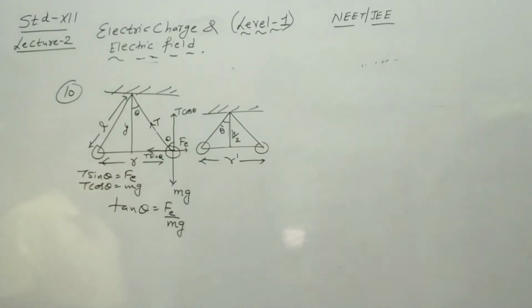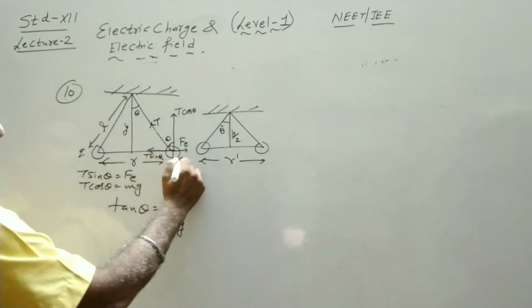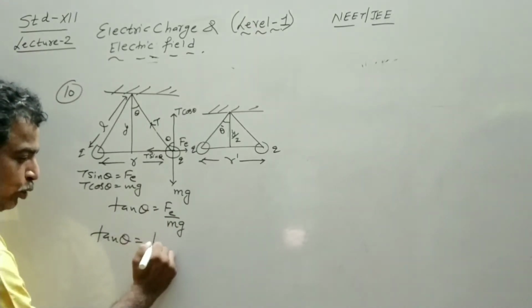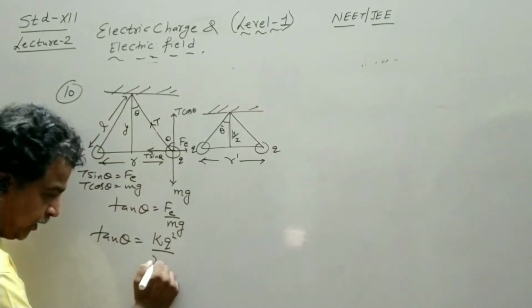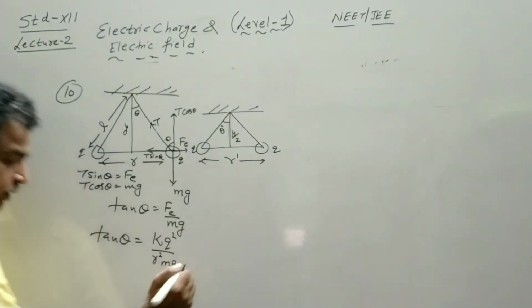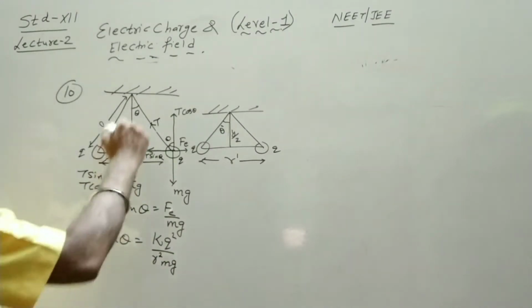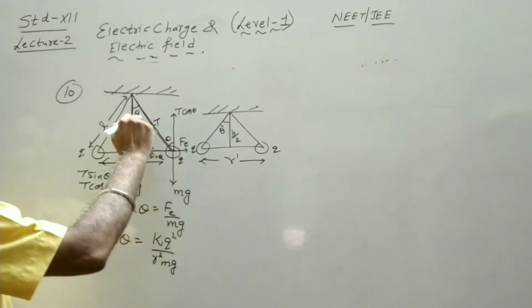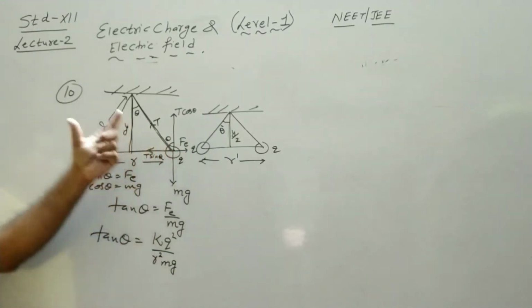Now here you have to find out the new equilibrium distance when the height is reduced to half. Let us assume the charge on the sphere is Q in both the cases. The repulsive force between them can be written as tan theta is equal to KQ square upon R square, where R is the distance between the two spheres, divided by mg. Now we need to find out R. If I consider this as a right angle triangle, tan theta will be equal to opposite upon adjacent.